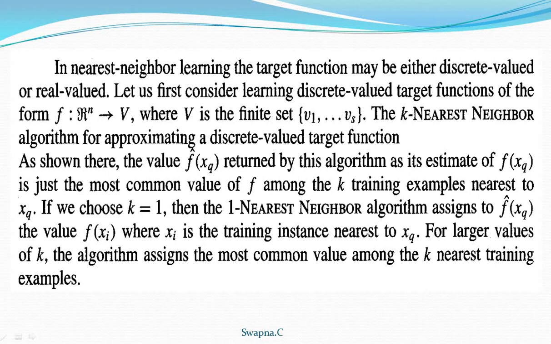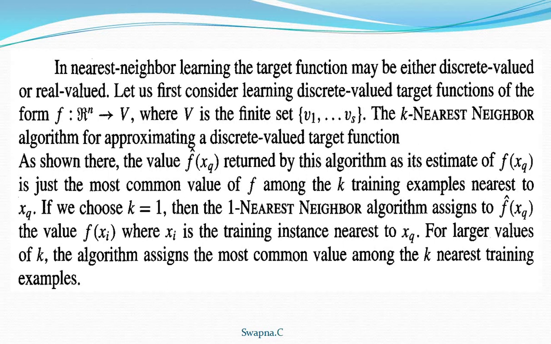Xq is our new query instance, for which we find the classification, the target value, using the nearest neighbors. Here f cap of xq is the value returned for that new query. To estimate that value, it takes the training examples nearest to it and, within those, takes the most common value.